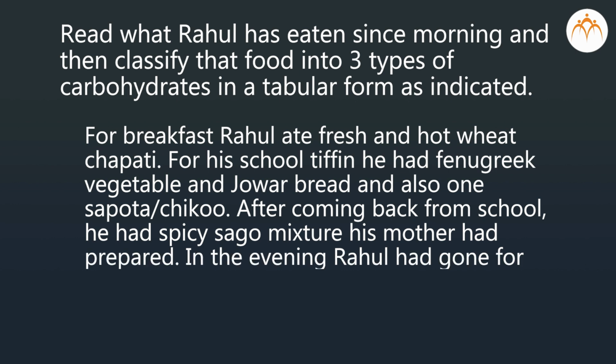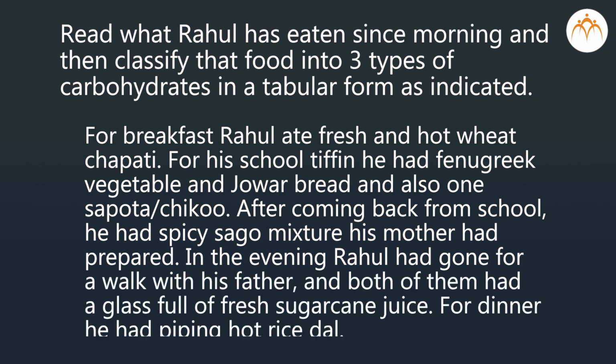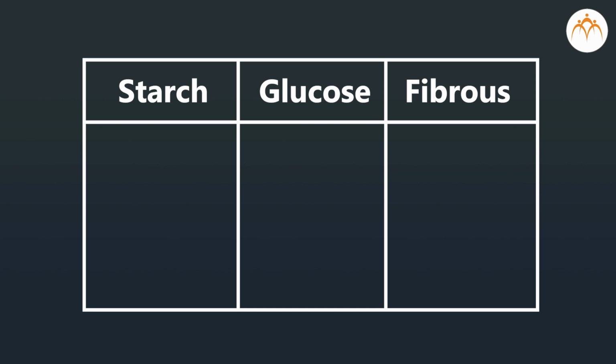After coming back from school, he had spicy sago mixture his mother had prepared. In the evening, Rahul had gone for a walk with his father and both of them had a glass full of fresh sugarcane juice. For dinner, he had piping hot rice and dal. Starch, glucose, fiber.